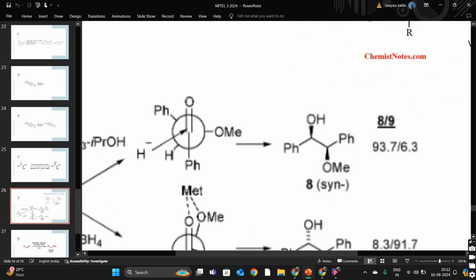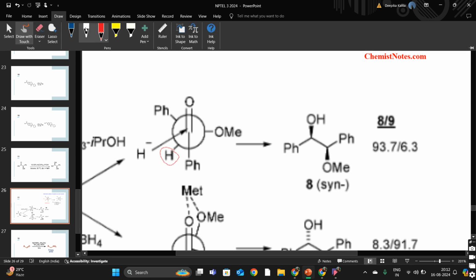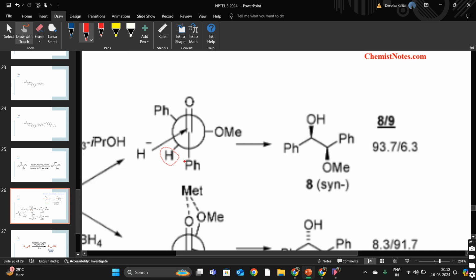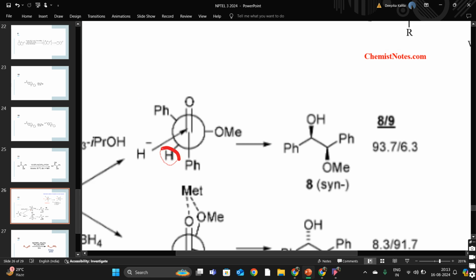See what happens. This is your smallest substituent present at the alpha carbon.